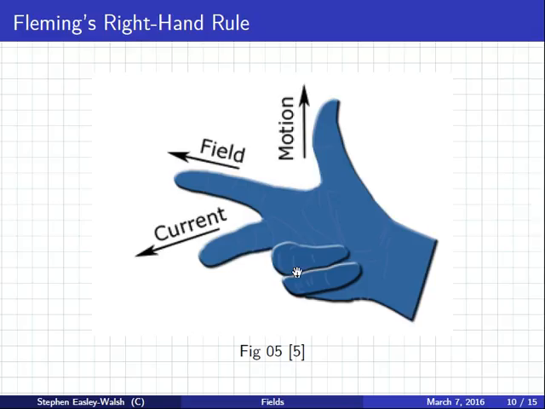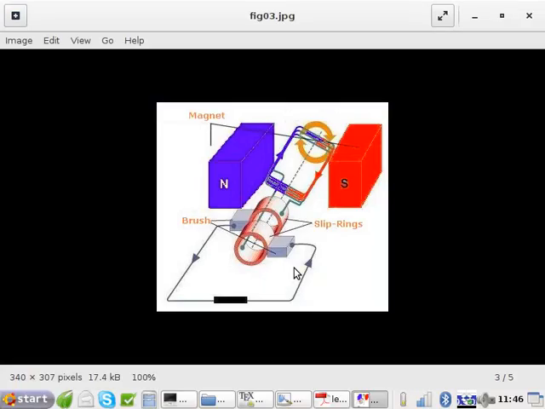If I go back to my picture, in this one the force is going up. If we look here at blue, which way is the force going to make this wheel turn? It's going up. Which way is the magnetic field going? North to south, so this way.